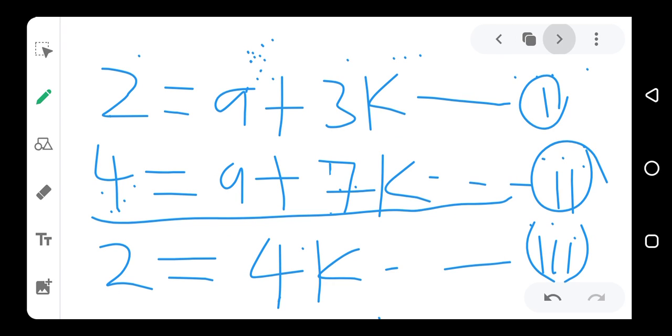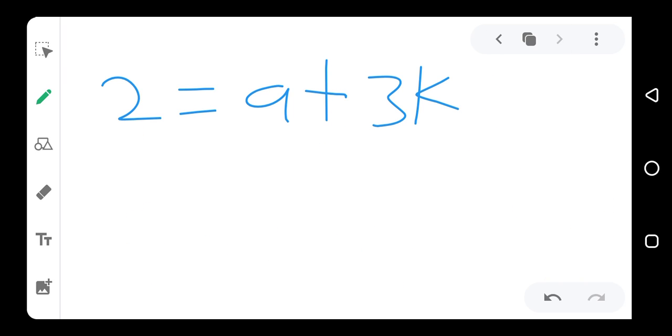That is equation 1. So we put the value of k, which we have gotten, which is 1 over 2.